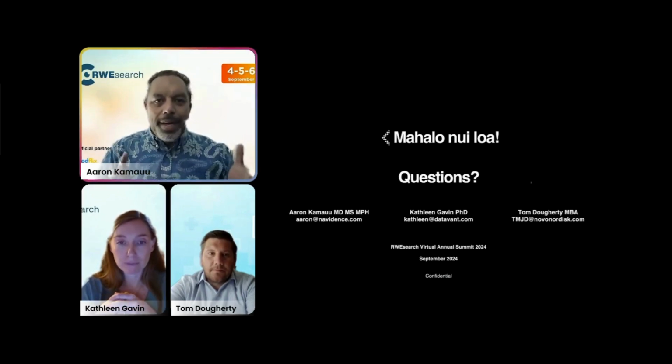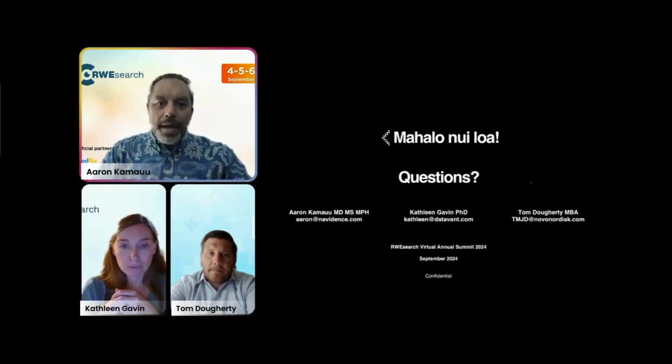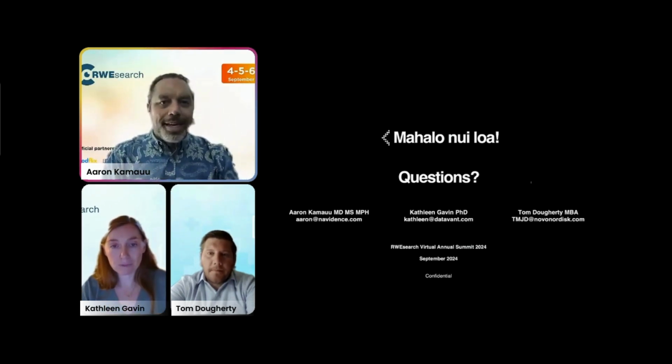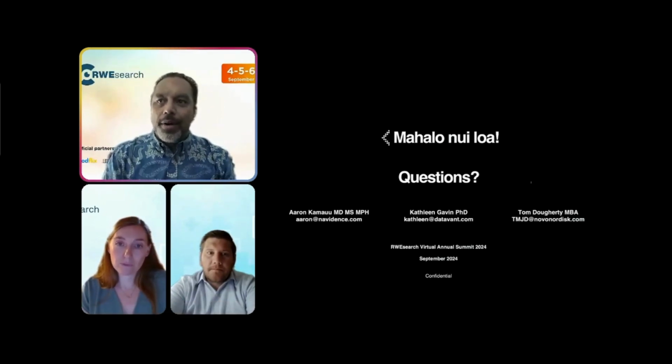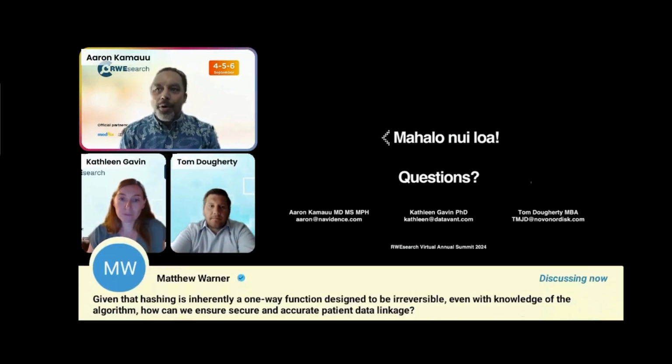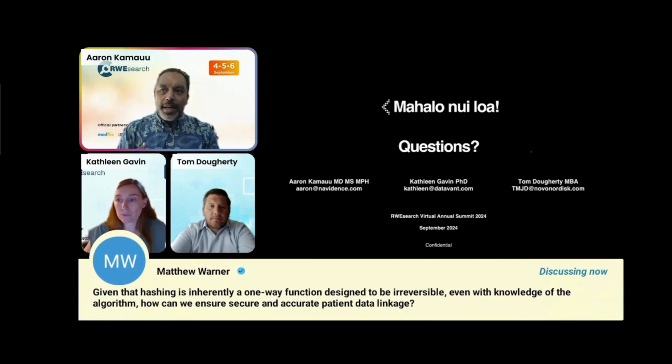Awesome. So we've certainly been honing in for the last few minutes on how we make the upfront part of token generation seamless, technically, operationally easy for ClinOps teams, for sites, for patients. How about on the backside? And a question from Matthew Warner here around not just highlighting the hashtagging being inherently a one-way function, but also on the backside, I think you're asking, Matthew, a little bit about ensuring secure and accurate patient data linkage when you're actually linking the data.